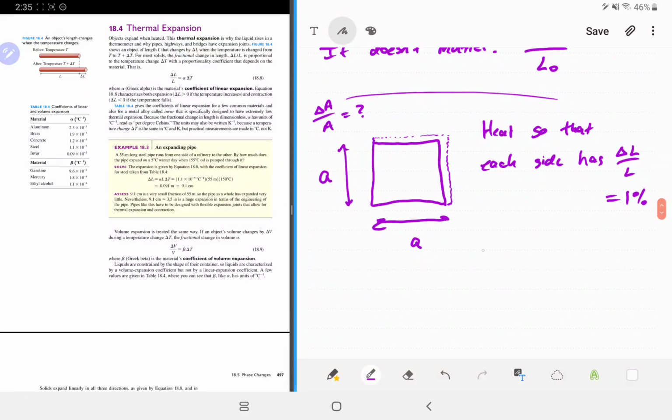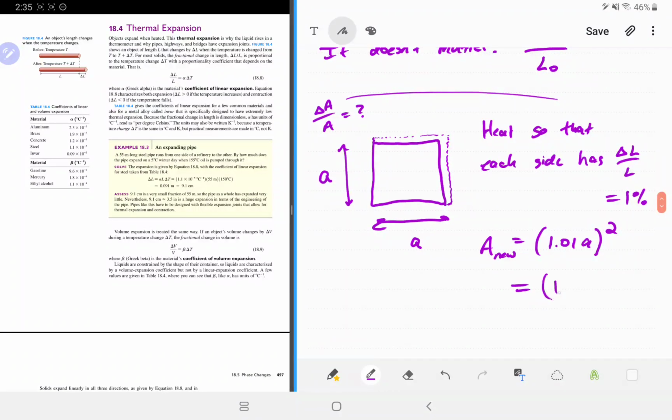If that's the case, then the new area is going to be 1.01 A squared. Right? Each side is going to increase by 1%, so it becomes 1.01 times A.